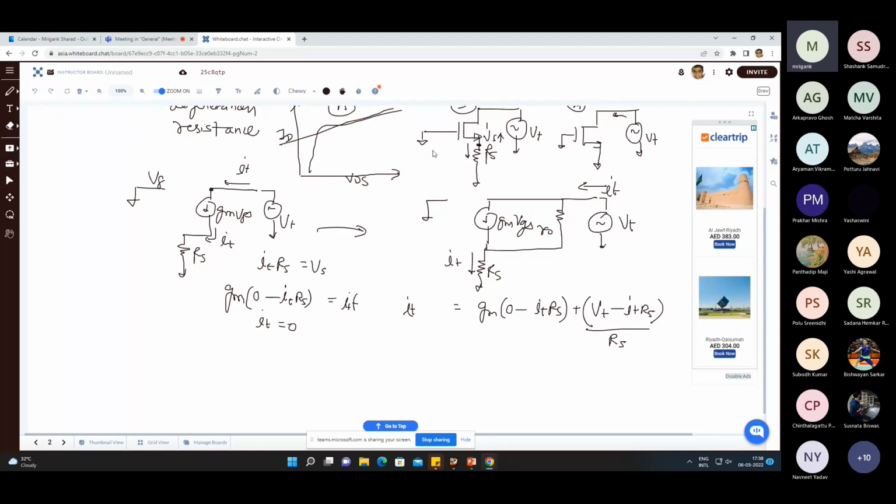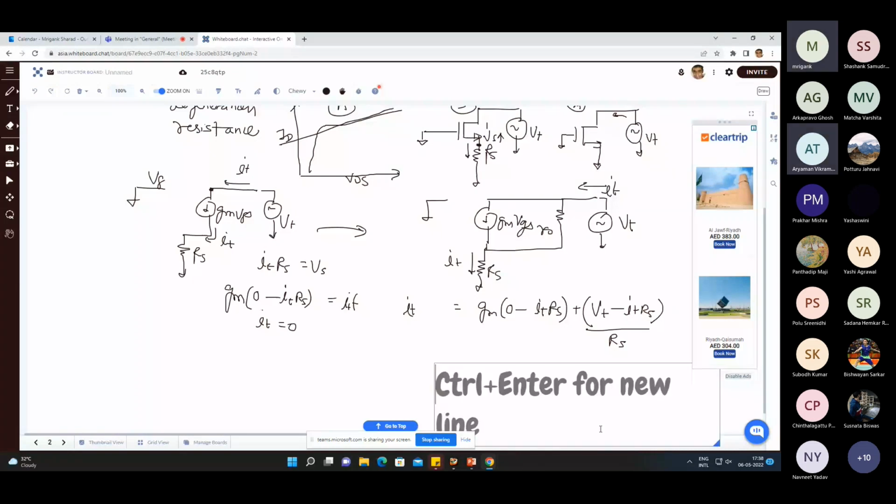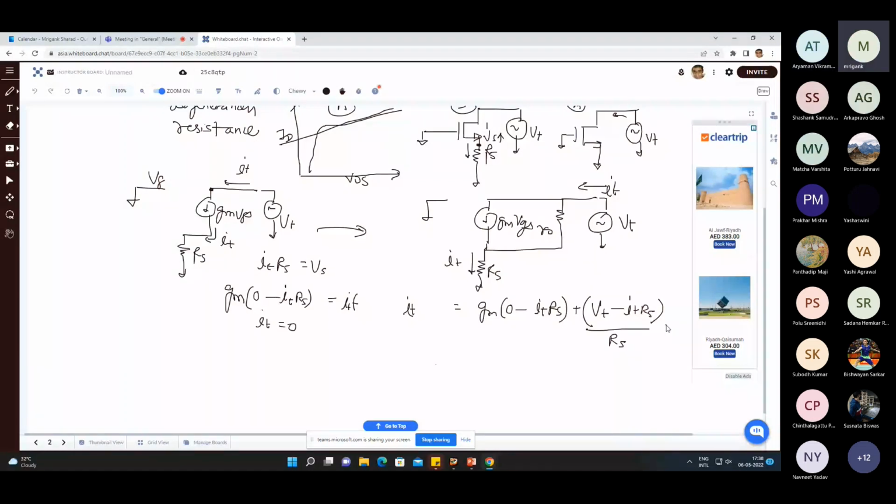So I've just equated these two. So the current would be VT minus IT RS by RO. Yes, got it, this is RO. This voltage is basically IT RS, this particular voltage, and then we have done this.